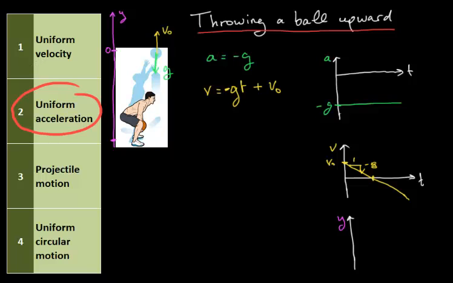Now what about the yt graph? Well, here by integrating the velocity function, we obtain minus 1/2 gt squared plus v0t, and I don't need to add a constant because I set 0 to be the point at which the ball was released. So this is what the function looks like, and if we graph this yt function, let me set the axis here.